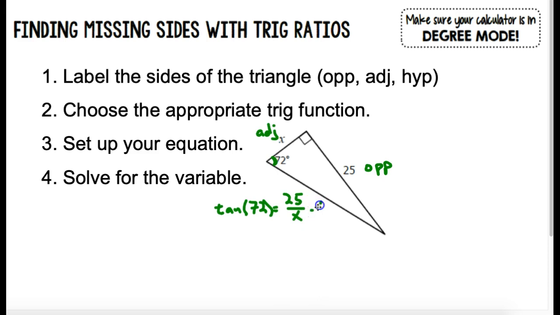So here's another one where we end up with x in the denominator. So we need to multiply both sides by x first. That'll cancel the x's out here. And then divide both sides by the tangent of 72.